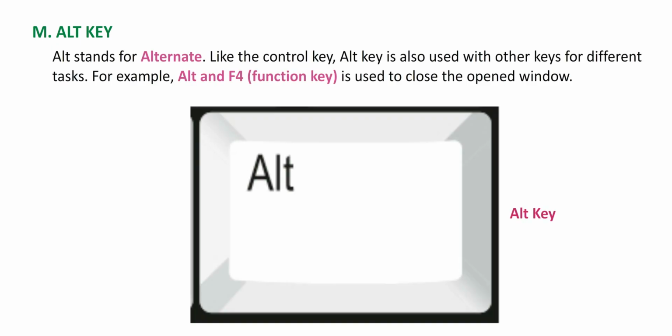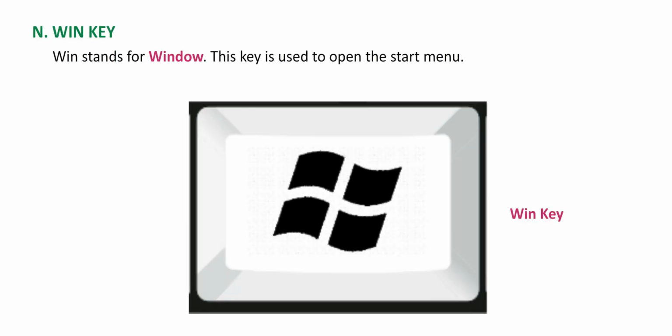Alt key. Alt stands for alternate. Like the Control key, Alt key is also used with other keys for different tasks. For example, Alt and F4 function key is used to close the opened window. Win key. Win stands for window. The key is used to open the start menu.